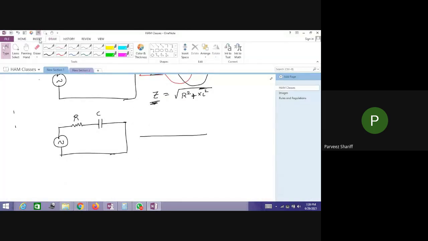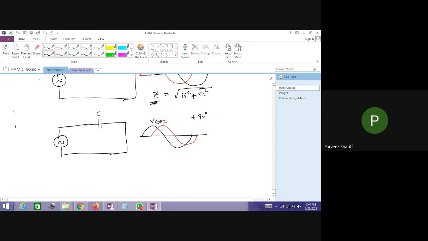Let me just have the capacitance here. If this is the voltage, then whenever this AC signal passes through the capacitor, I'll get this. This is current I and this is the voltage V. So now the phase shift will be plus 90-degree.